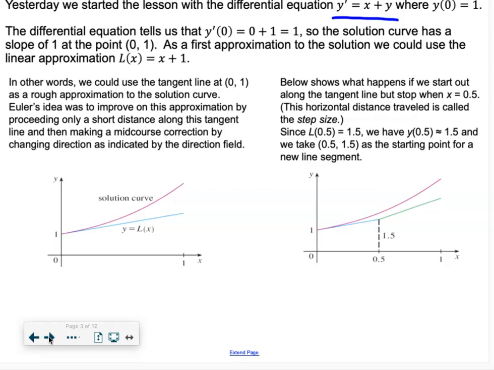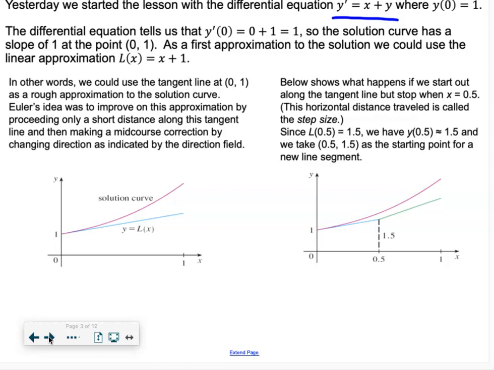So yesterday we used slope fields to get a visual representation of the solution to that differential equation. Today, we're going to use Euler's method to approximate y values on the solution to the differential equation. So here's what Euler said.